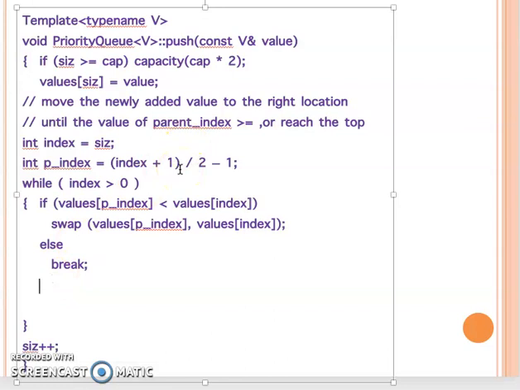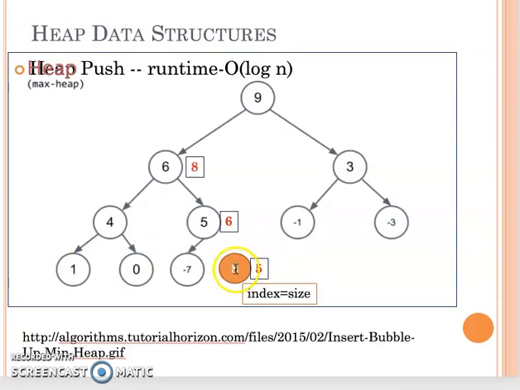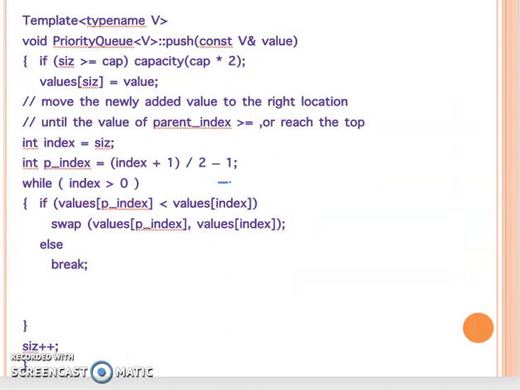Otherwise, you see here, after you swap, you swap 8 with the 5. So here is 8, here is the 5. So I still need to continue to promote. That's why here, if less than we swap, else we break.